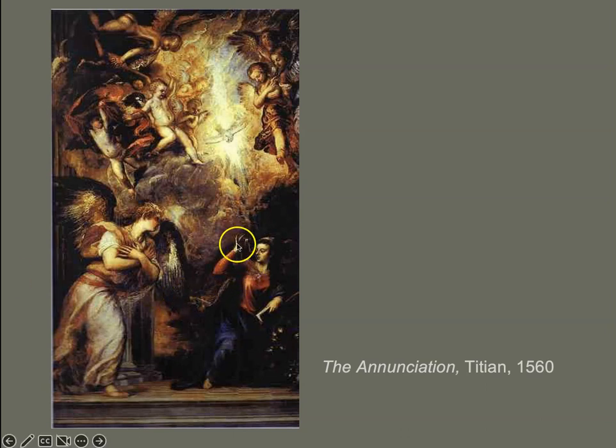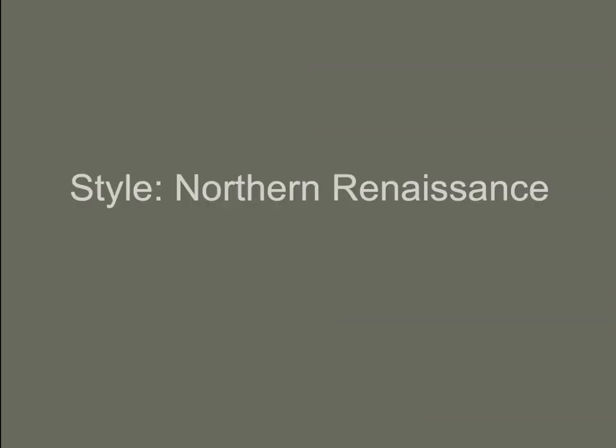She's kind of turning around in this shocked gesture, her arm flying up. She's surprised to see the angel, and it's very apparent that of the emotions that are going on within the scene. We'll come back to this painting and talk a little bit more about it in the later Renaissance.